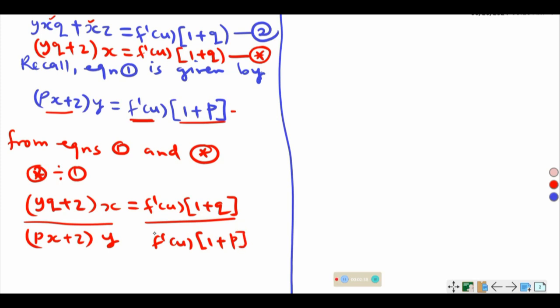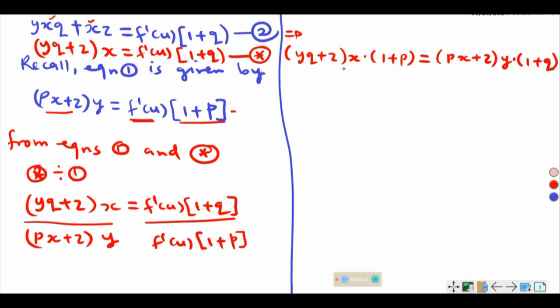So we shall cancel out this such that we remain with, if I cross multiply, yq plus z into x times 1 plus p, which is the same as p of x plus z into y times 1 plus q.